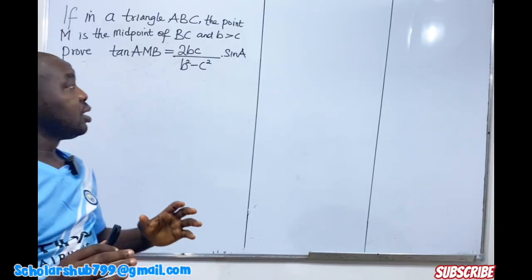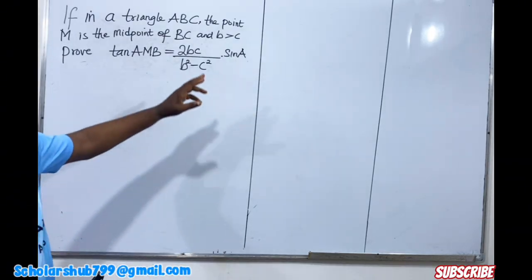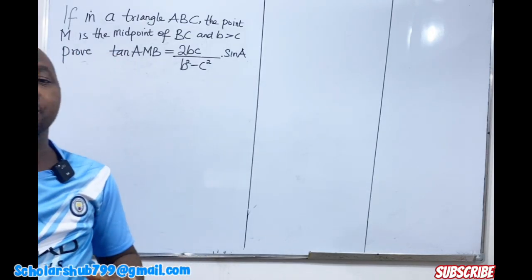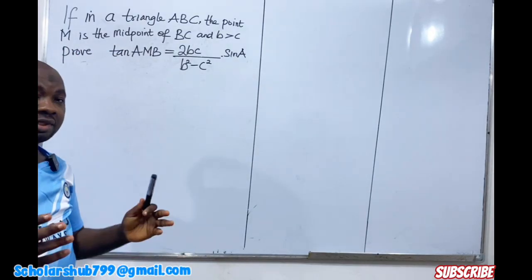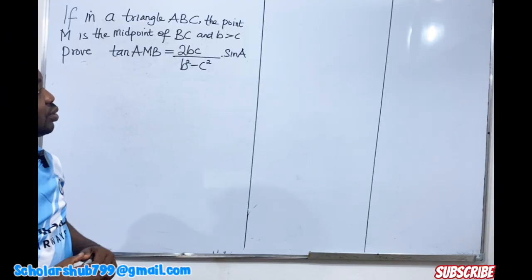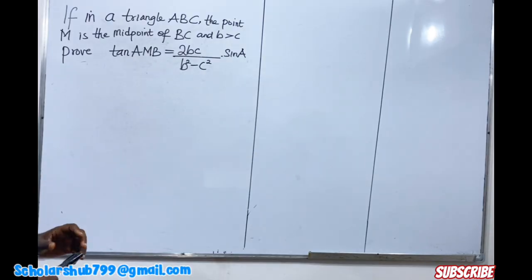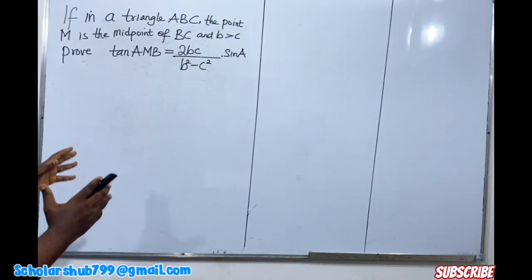Now it is important to note that lowercase letters of the alphabet can be used to represent sides in a triangle, while we use uppercase letters to represent angles. So the first thing I'm going to do is draw the triangle.